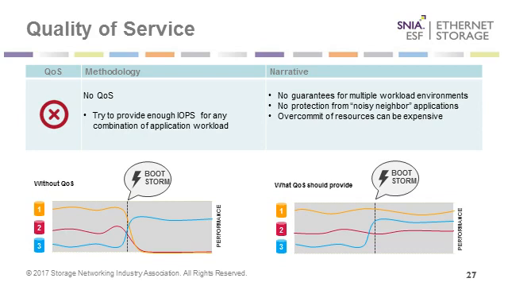So the problem with having no QoS at all and no measure of it, no way to manage it, consequently, is that you don't get any protection from the noisy neighbor. You don't get any protection from the application that might suddenly burst into life, consume all the resources, and cause everybody else's applications to slow down. And that overcommit, as I say, of resources is potentially horrendously expensive.